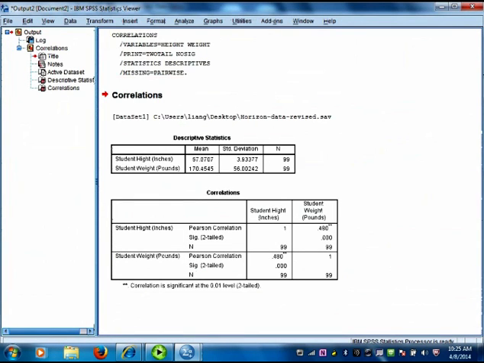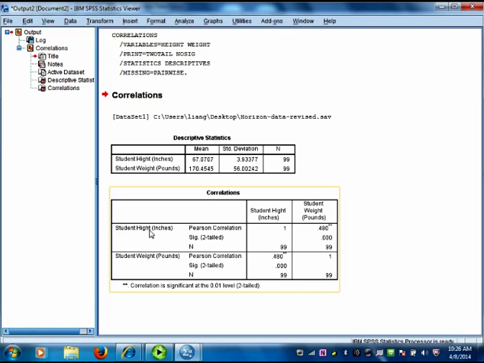So here is the data interpretation for correlation coefficient. The mean of student height is 67 inches. The mean of student weight is 170 pounds. The Pearson correlation coefficient between student height and student height is 1, because basically you are saying these two are the same thing.